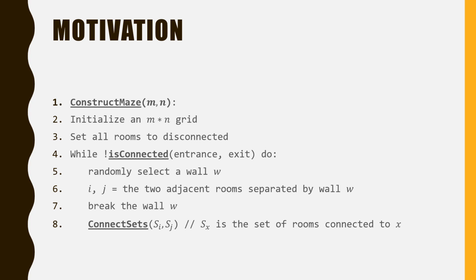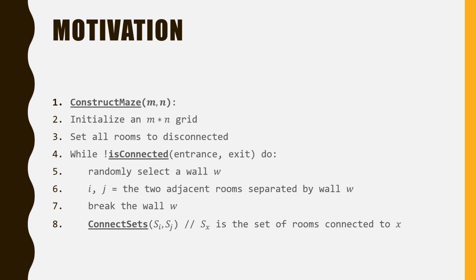We can summarize our maze construction algorithm as the pseudocode shown here. First, we initialize an m by n grid. We set all rooms to be disconnected at the beginning. Then, we iteratively perform the following steps until the entrance is connected to the exit.